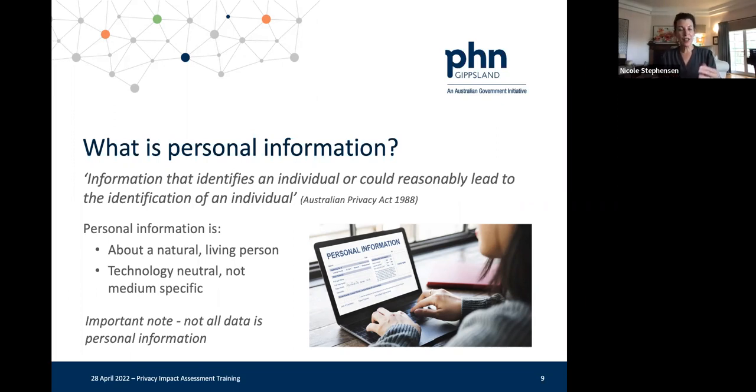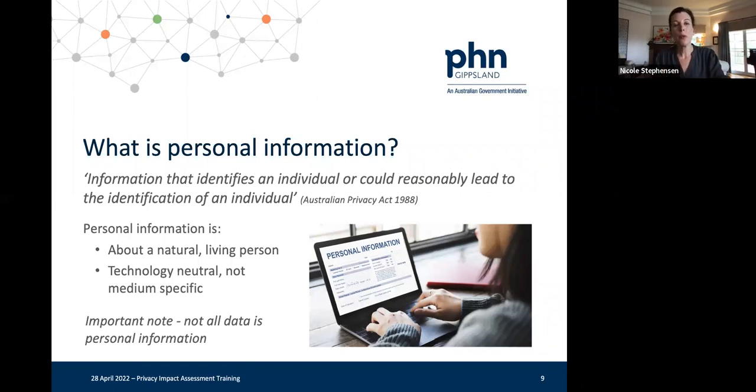It doesn't necessarily have to look the way that you would expect, like something written down in a document. Personal information can also be an opinion. It can be numbers. It can be letters. It can be sort of alphanumeric code. It can be pictures. It can be things like body samples or DNA. So personal information is quite encompassing.